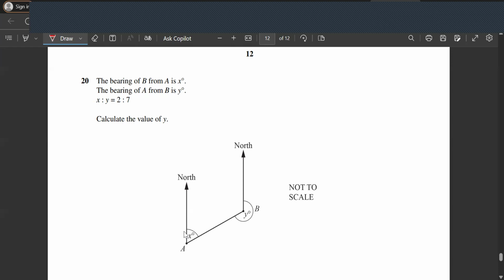Add 180. So yes, I can use that: X plus 180 equals Y, right? Yes. Okay, then what should I do?